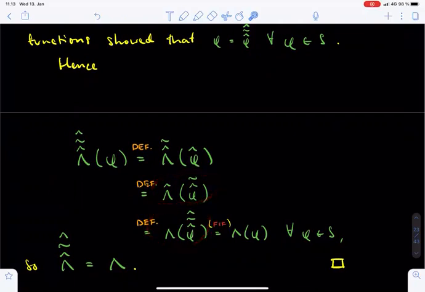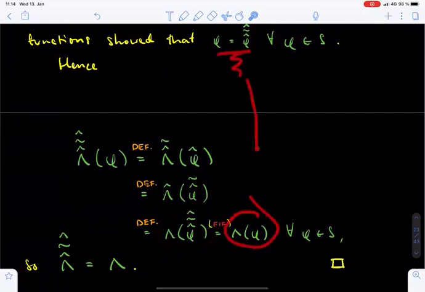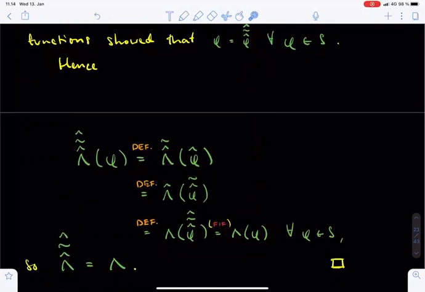At this point, we find the expression lambda evaluated at hat tilde hat of phi, which equals lambda of phi by the Fourier inversion theorem for Schwarz functions. This chain of equations shows that hat tilde hat lambda equals lambda as required. The proof of Theorem 4.16 is complete.